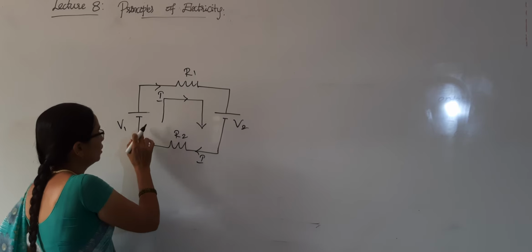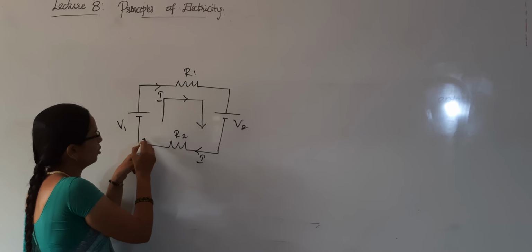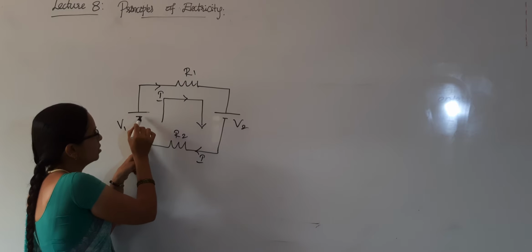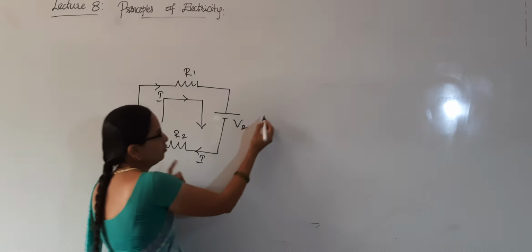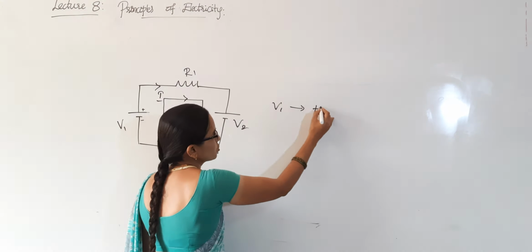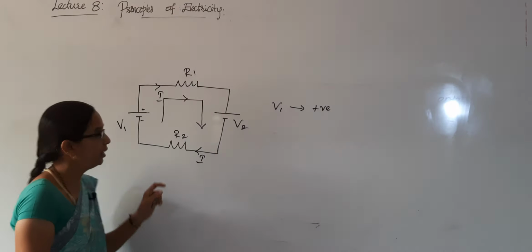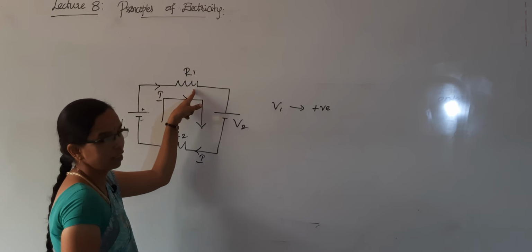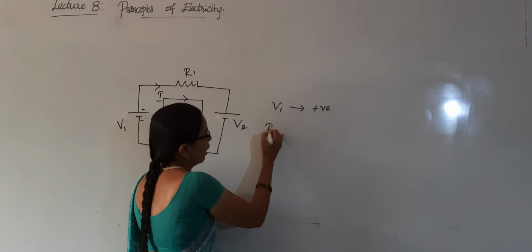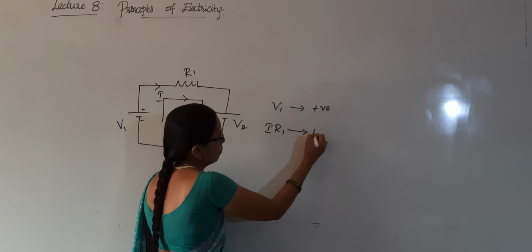What happens here? I will start from here. I am moving like this. First I am getting the negative terminal and then the positive terminal, then V1 will be positive, right? And I am moving in this direction. Current is also flowing in the same direction, then IR1 is also positive.